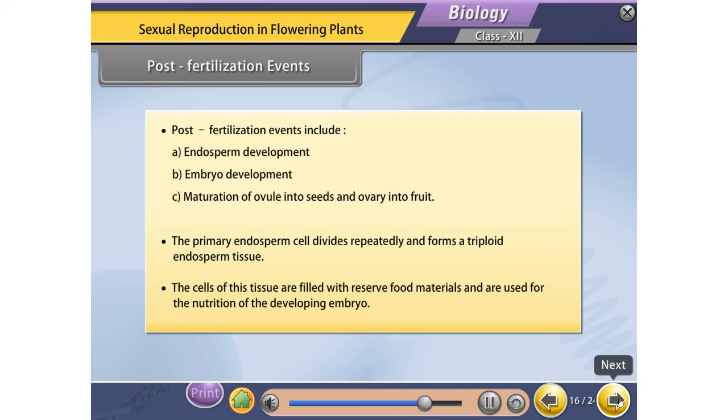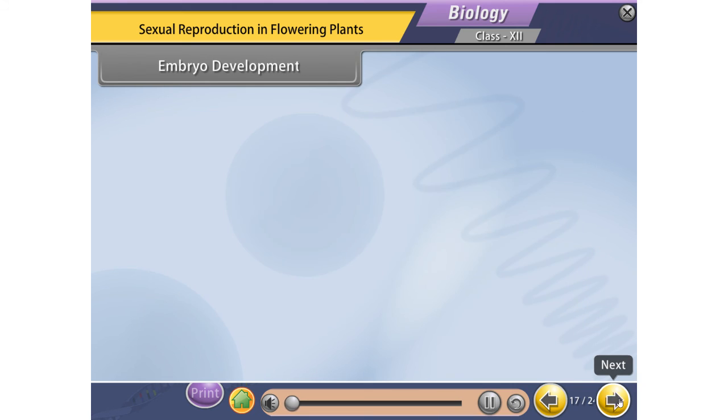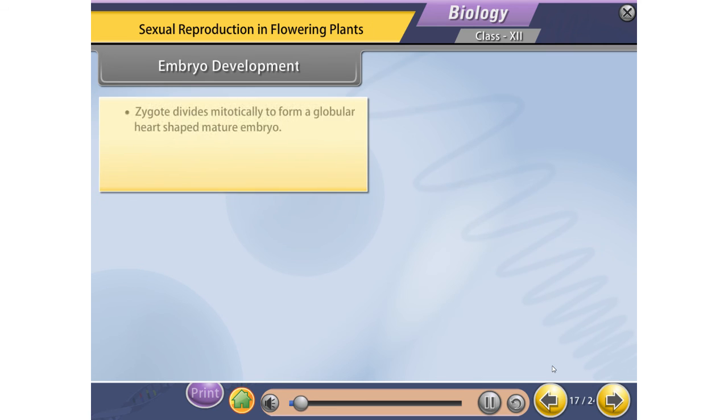The cells of this tissue are filled with reserve food materials and are used for the nutrition of the developing embryo. Embryo development. Zygote divides mitotically to form a globular, heart-shaped mature embryo.